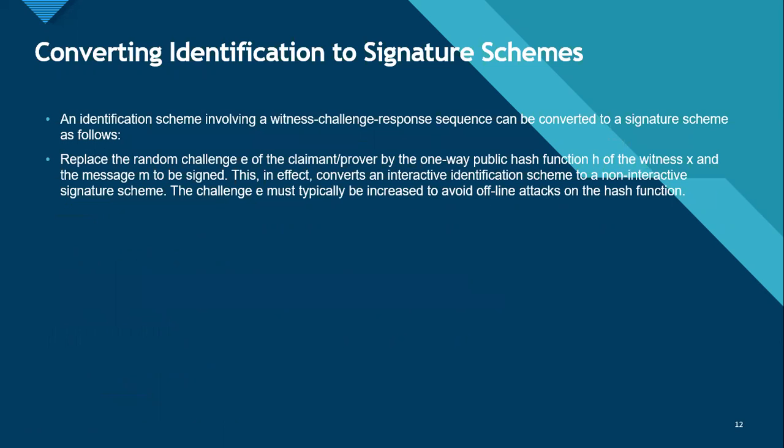Converting identification to signature schemes. An identification scheme involving a witness, challenge, response sequence can be converted to a signature scheme as follows. Replace the random challenge E of the claimant or prover by the one-way public hash function H of the witness X and the message M to be signed.